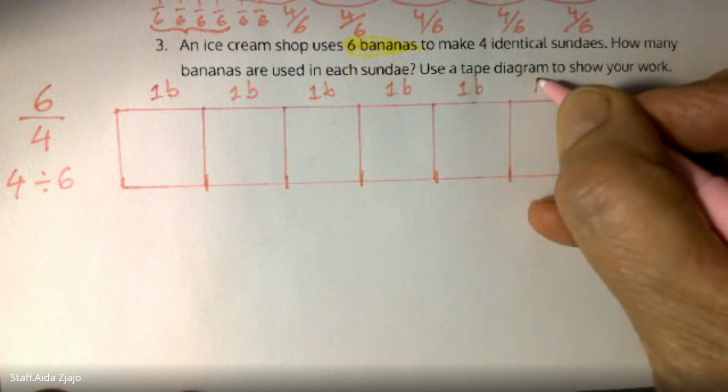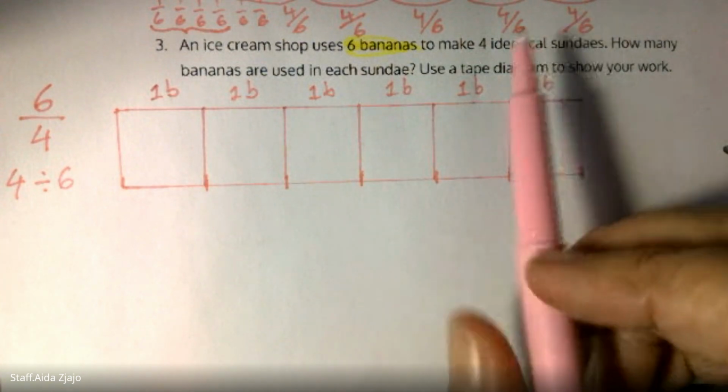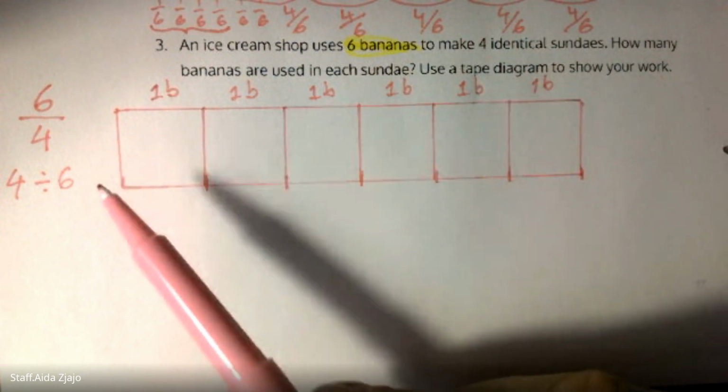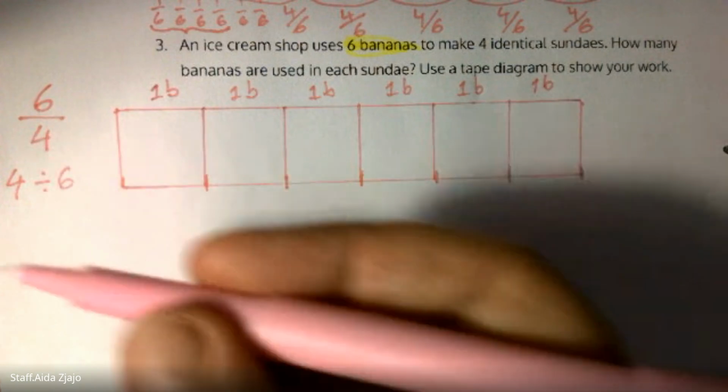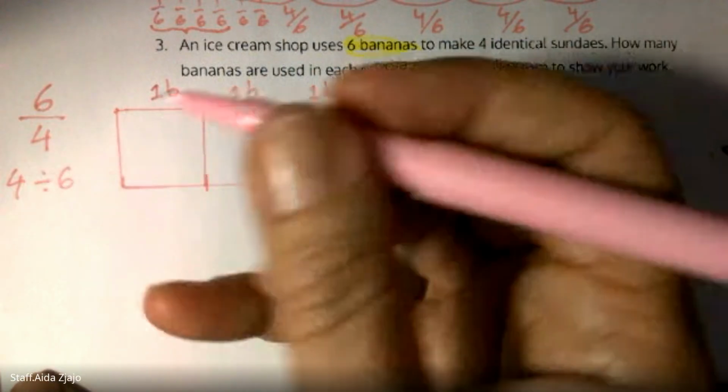That is 6 bananas. But we needed to make 4 identical sundaes. So 4/6 will give us, oh, 6 divided.